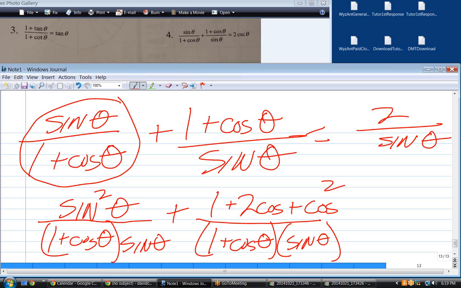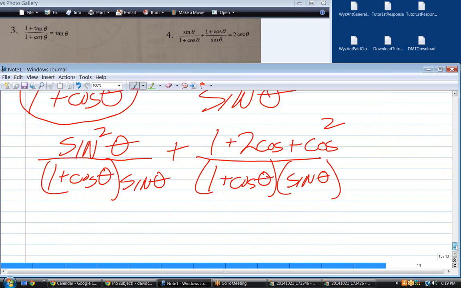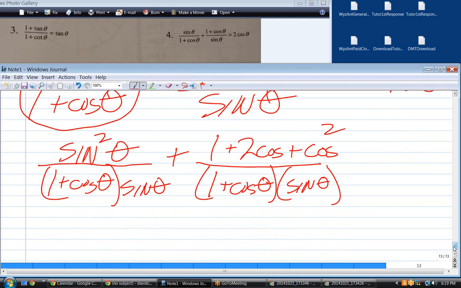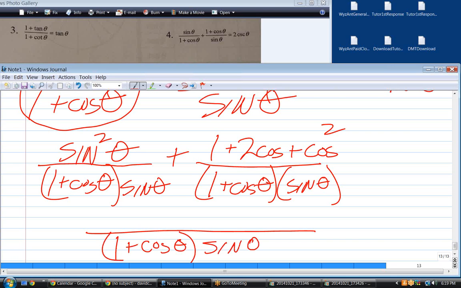Now, look for where we can reduce. Let's go ahead and combine this. And rarely should you ever multiply these out. If you multiply them out, you will merely find yourself having to refactor it. What's the new numerator going to be?